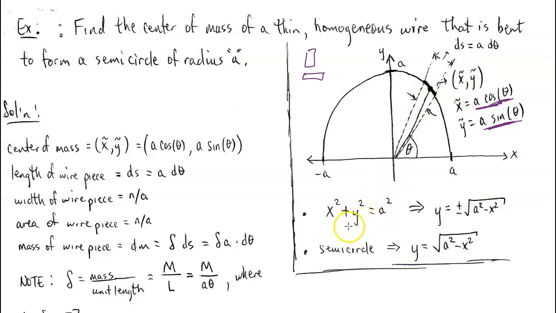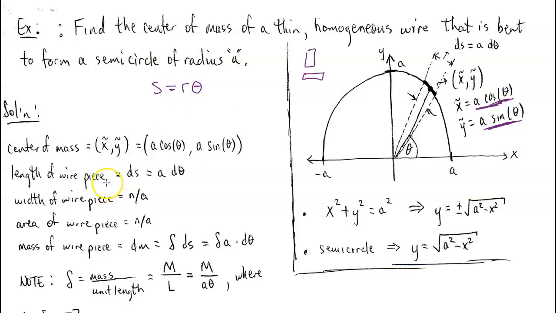To do this, the first thing I need to realize is that since this is in the shape of a semicircle, this is tied to arc length. We know that arc length is going to be radius times the angle.